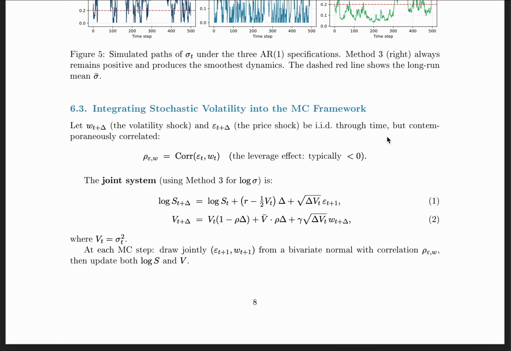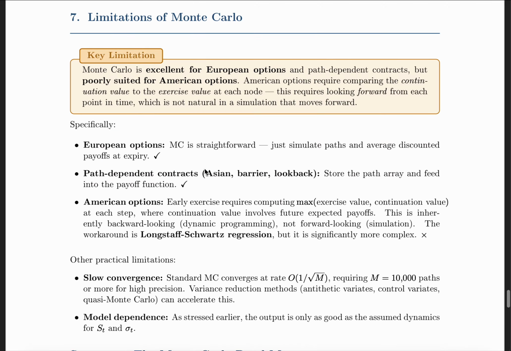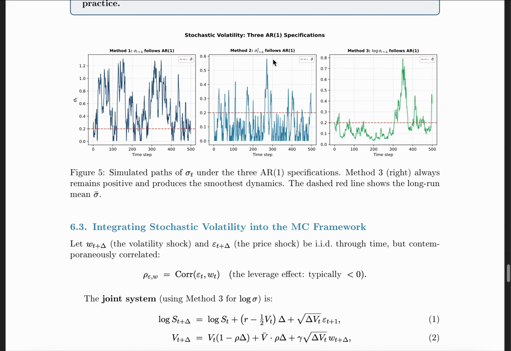A fancy term for this is IID through time, but contemporaneously correlated. All that's saying is that there's a correlation between the random draw term for the returns and the random draw term for the volatility. So that's all the AR1 process is.